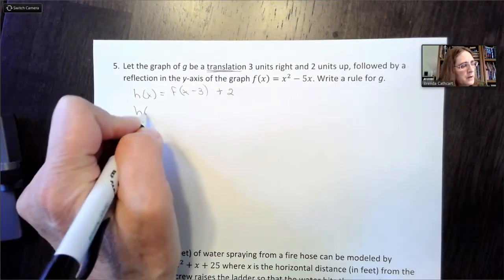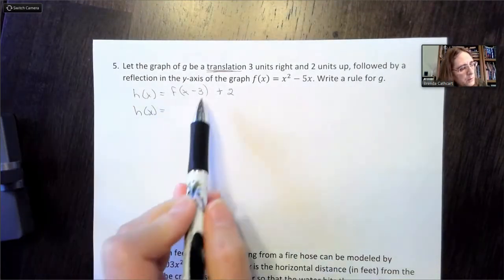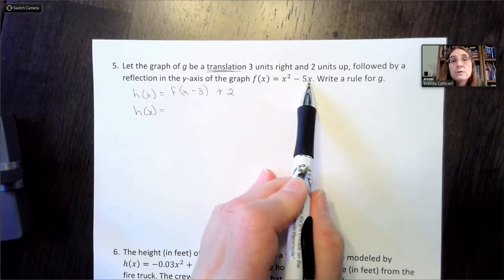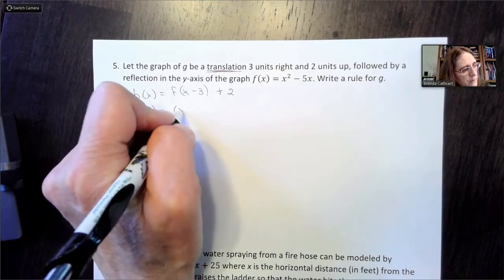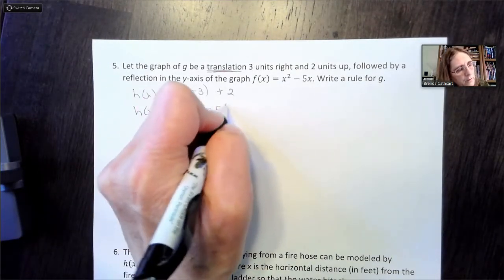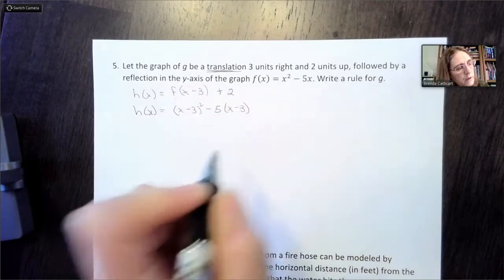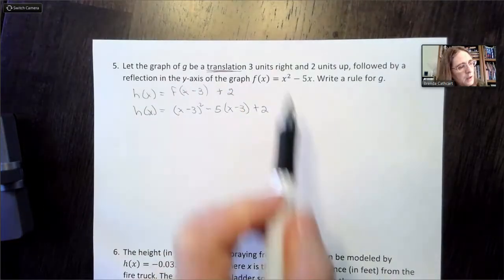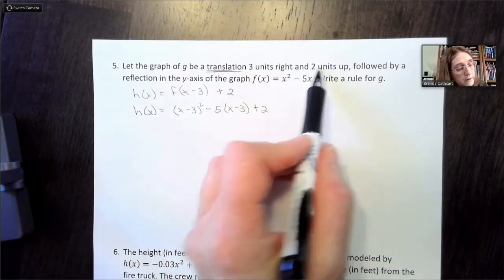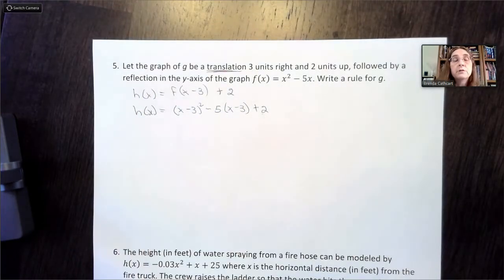So our h of x is going to be replacing all of our x's in here with x minus 3. We're going to have (x minus 3) squared minus 5 times the quantity (x minus 3) plus 2. The plus 2 is moving it up 2.